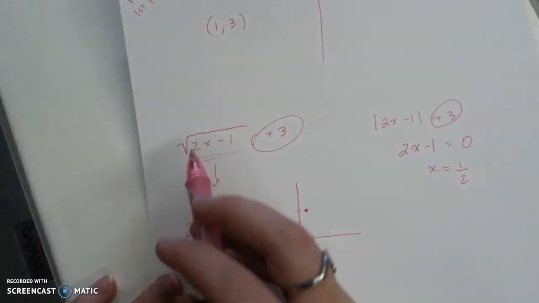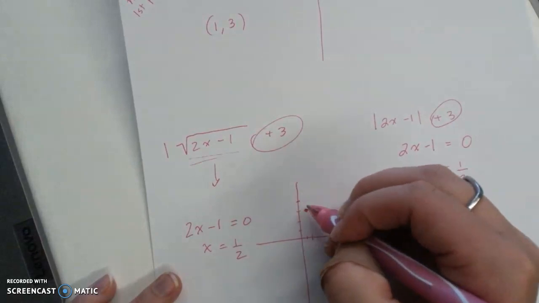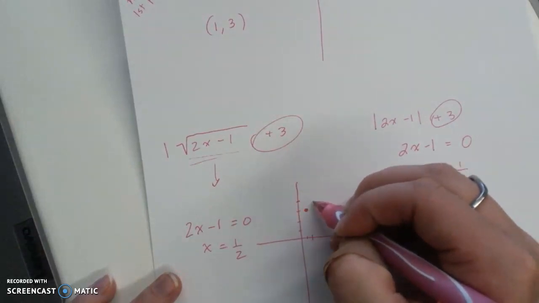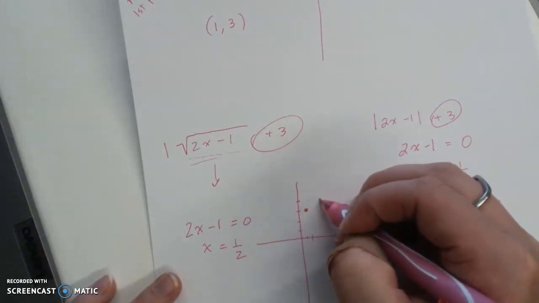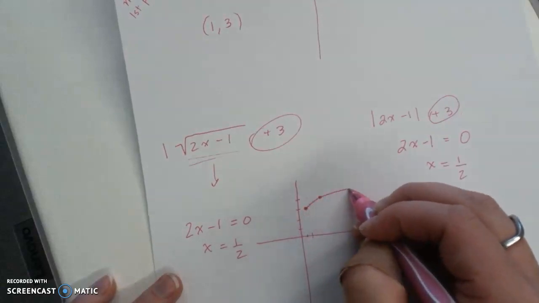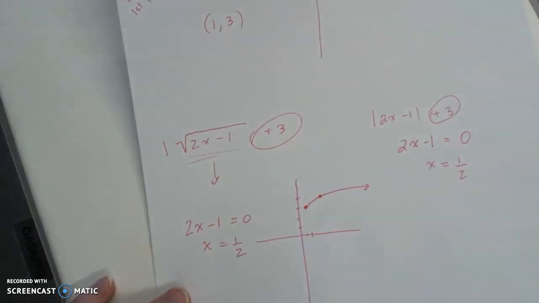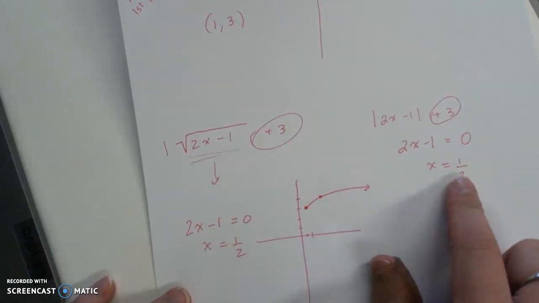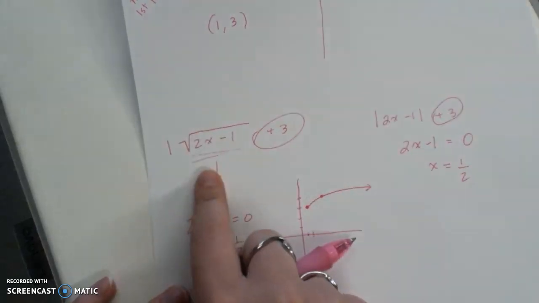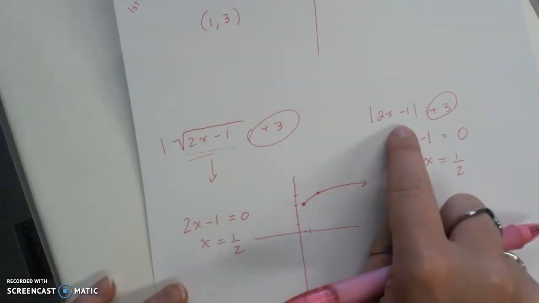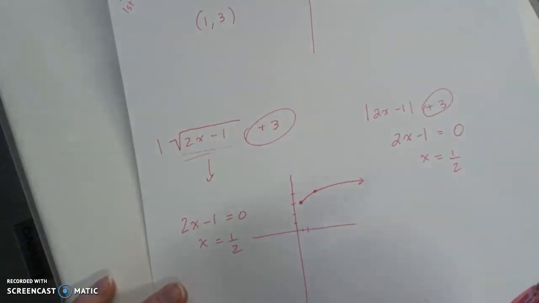Our slope on the outside is still a 1, so for our first point we're going to go up 1 over 1, and remember we're at 1/2, so right there. So our graph's going to look something like that. We're doing the exact same thing that we did for our absolute value graphs, except now we're doing it with a square root symbol instead of an absolute value symbol.